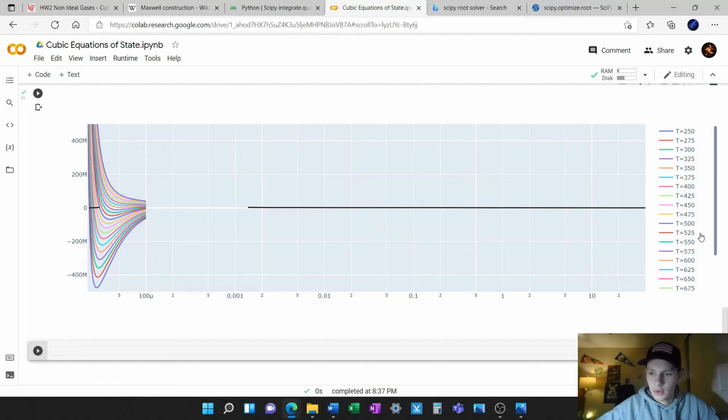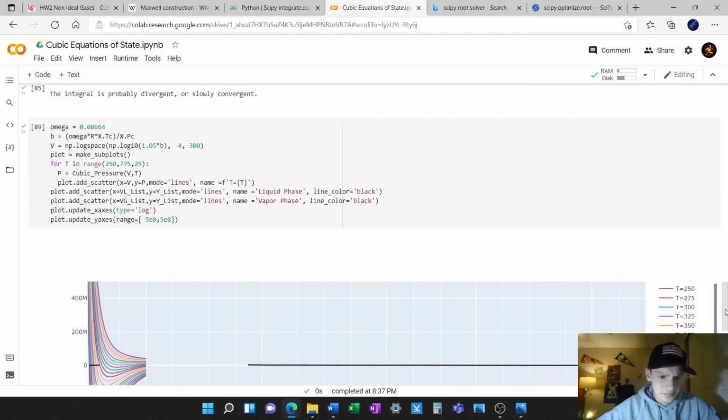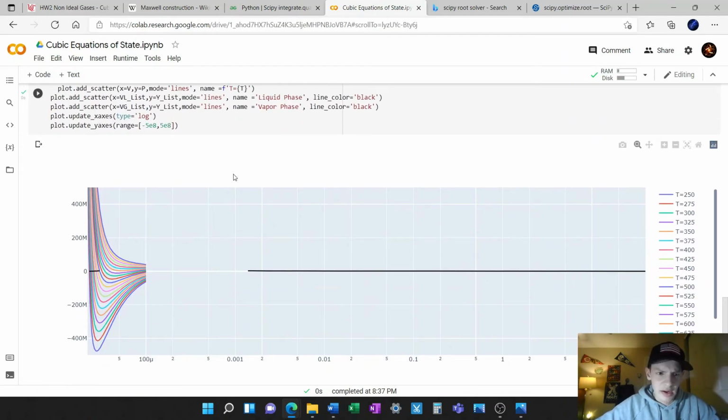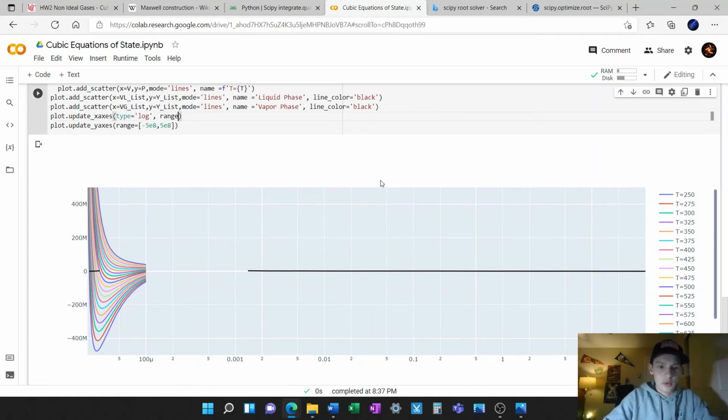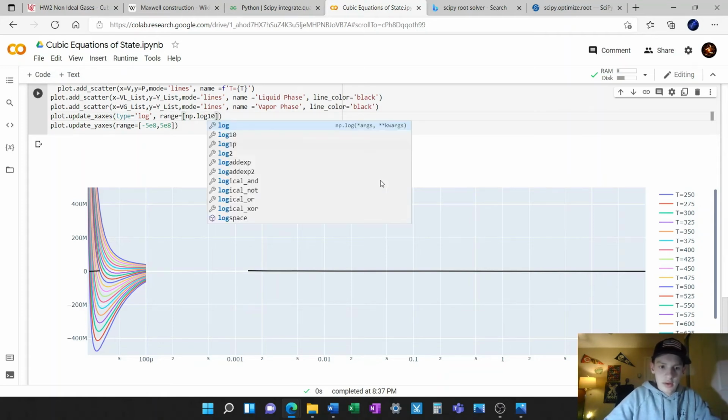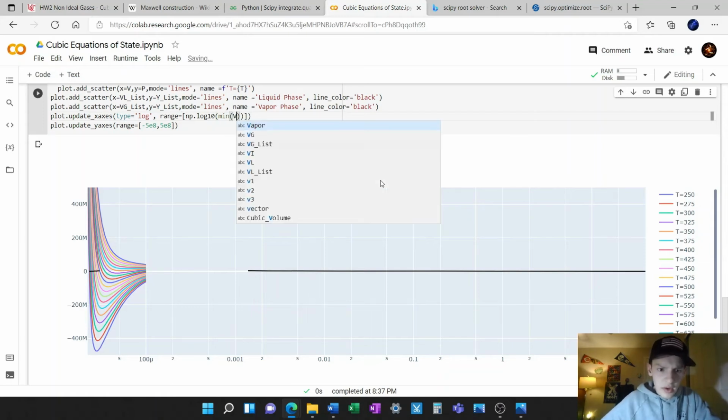But as we can see, our range is too far, so I do want to adjust this. So let's see if I can write it correctly this time. 10, and we do want our minimum volume. None of that should have been a problem.